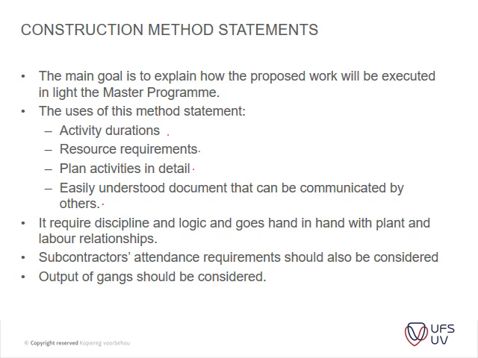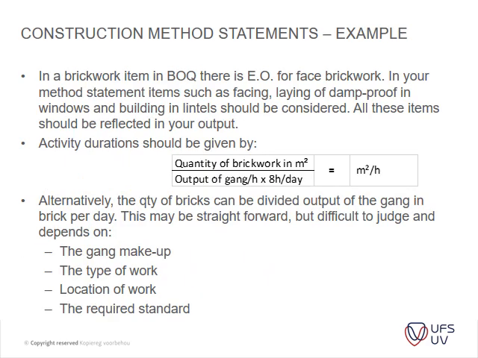Okay, then the subcontractors' attendance requirements should also be considered. Output of the gangs should also be considered. So that's the sequencing that comes into play. Okay, in brickwork items in the BOQ, there's extra over for face brickwork.